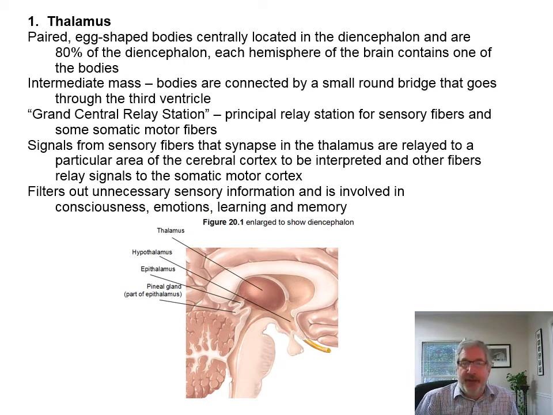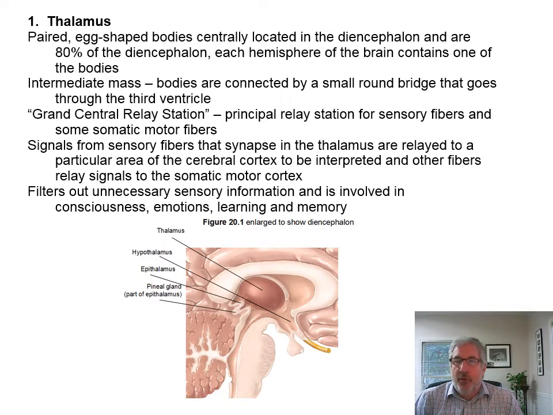So let's talk about what the thalamus is. You have these egg-shaped bodies. They're about 80% of the area of the diencephalon. You have one in each hemisphere of the brain. There's a little piece called the intermediate mass, which I forgot to point out to you.